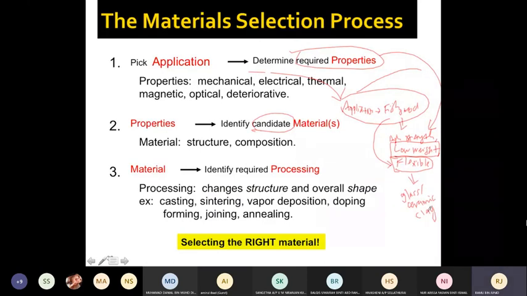Definitely cannot, because these are very brittle. So you have to find another candidate. Maybe you use metal, composite or whatever, and then you evaluate which one is the best material. And then from the material that you have determined, for example, you want to make this using a metal alloy.